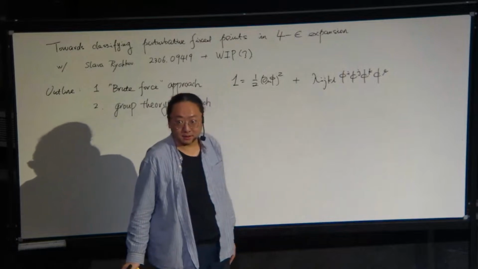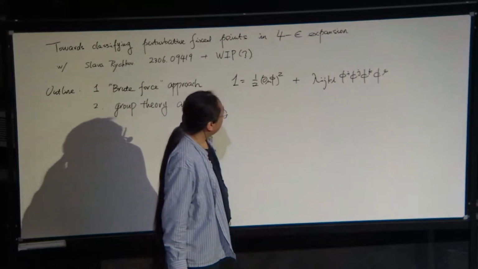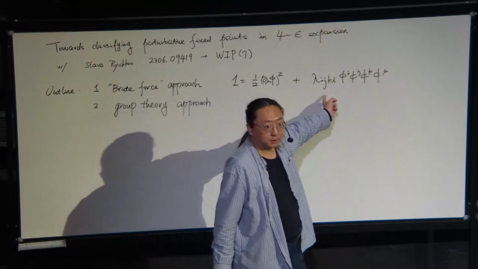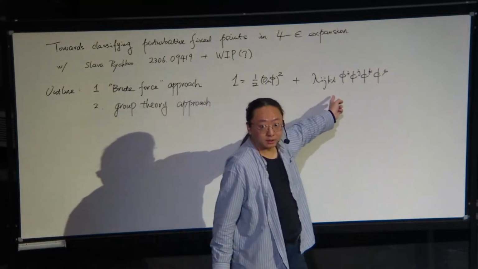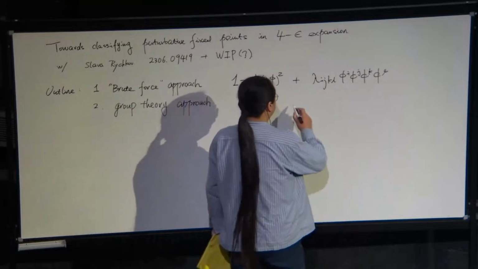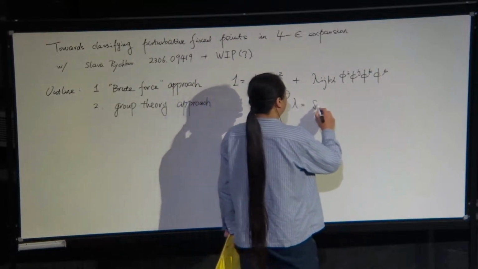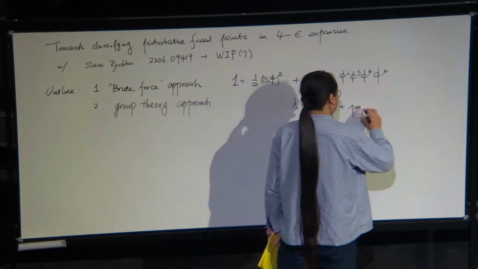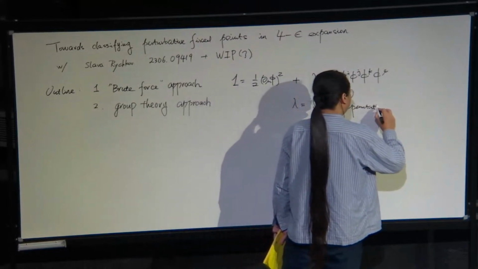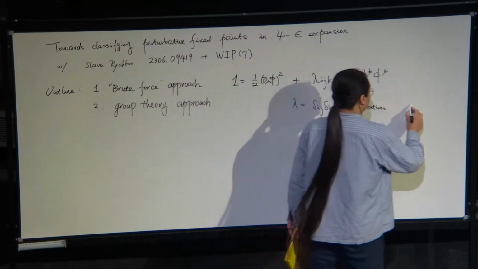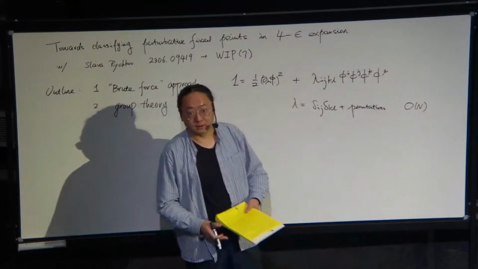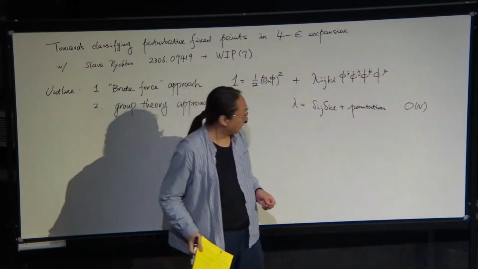And we take this lambda to be absolutely arbitrary. If this lambda coupling is equal to delta_ij delta_kl plus permutations, this would be the more familiar O(N) invariant theory that people have considered.